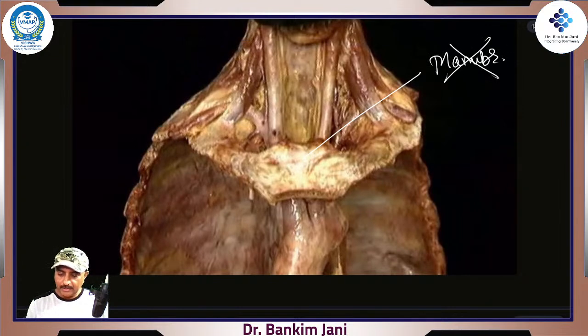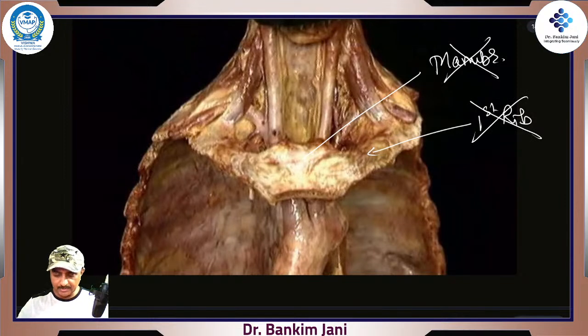Now we can have a look at it in a much better perspective. Okay, to see still better, that's the manubrium. Remove it. And this one would be the first rib. Let's remove that also. So the area becomes clean. Here it is. Now we can watch things much better, right?